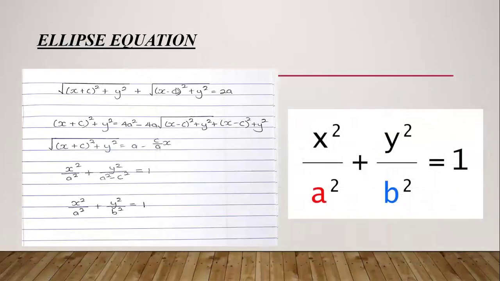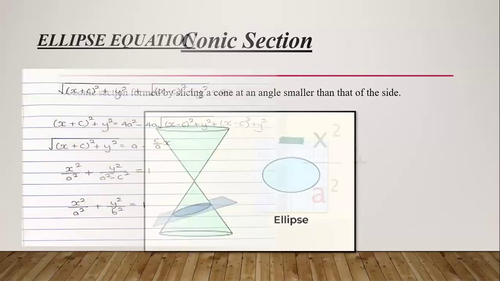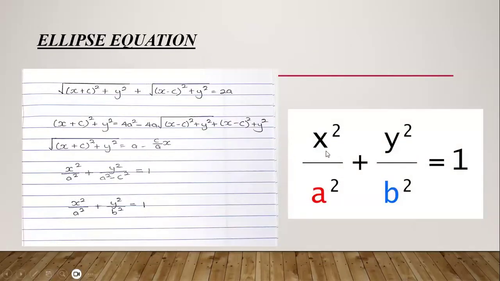So moving on to our ellipse equation. To get to this equation here, which is the standard equation that we're going to use to find the ellipse, we had to do a bit of working.